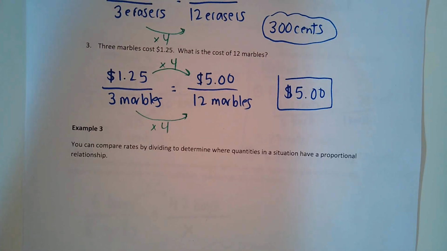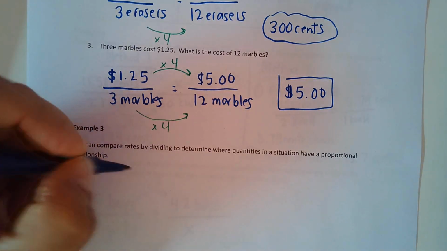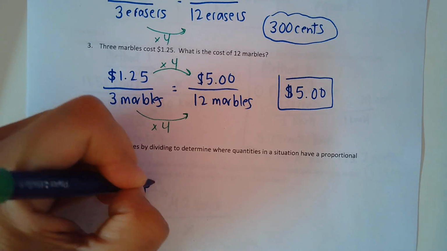Okay, last example here. What you can do is you can actually compare rates by dividing to determine whether the quantities in a situation actually do have a proportional relationship. So let's use an example of a basketball game.